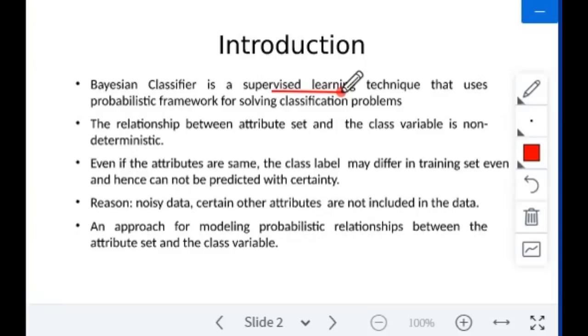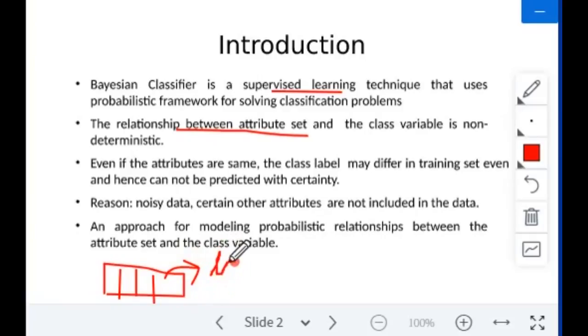In many applications, there is a relationship between the attribute set. Just imagine the training data set. We will be having a set of attributes and one variable that we call the target variable or class variable. I have told you many times that the target variable is nothing but the class label.